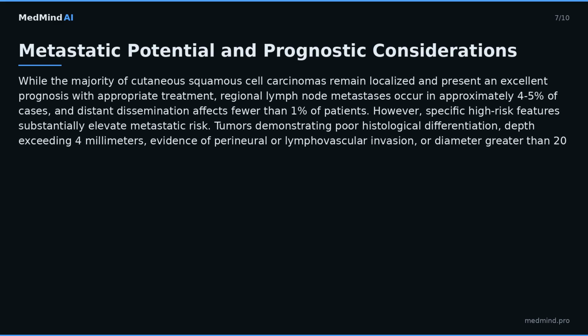Immunocompromised individuals, including transplant recipients and those with hematologic malignancies, experience substantially elevated recurrence and metastatic rates despite therapeutic intervention. These patients require more aggressive initial treatment and prolonged surveillance protocols to identify recurrent disease expeditiously.